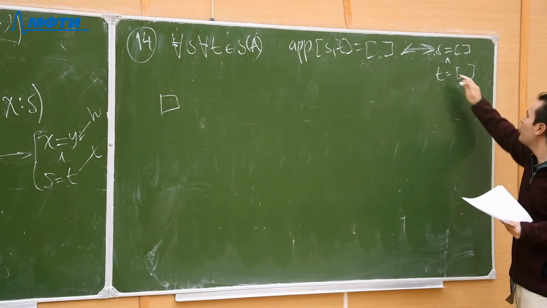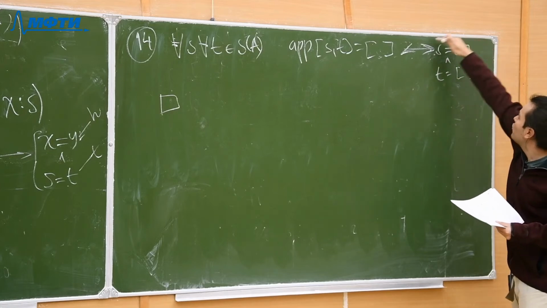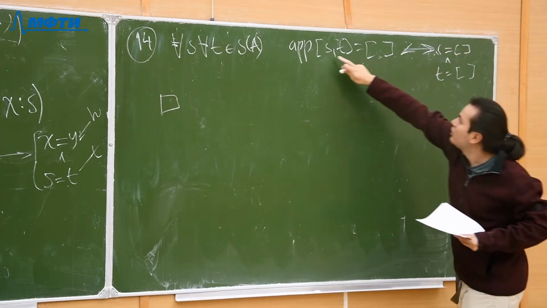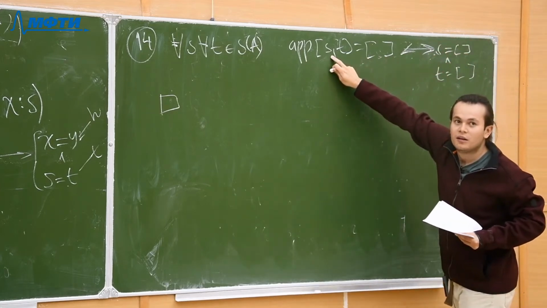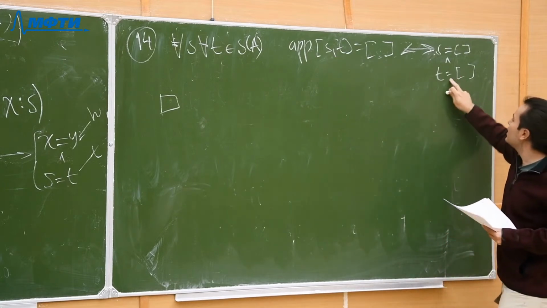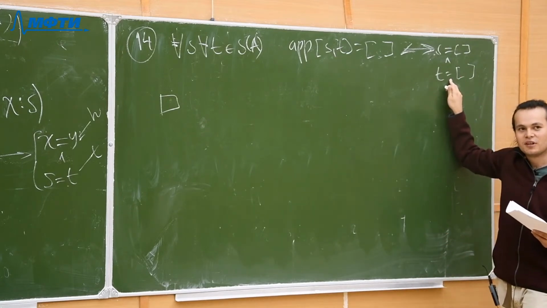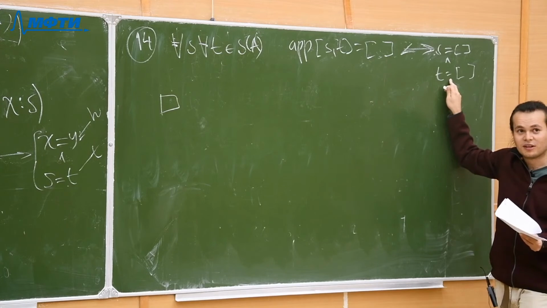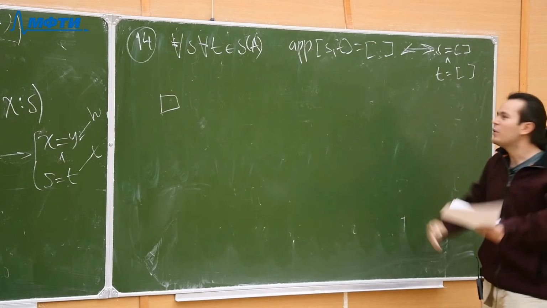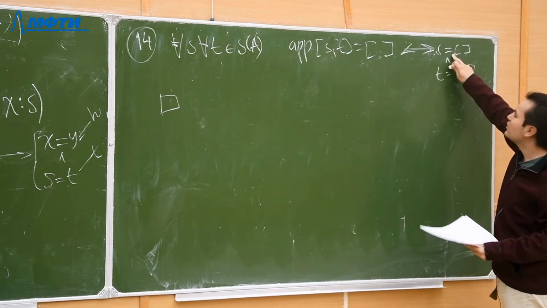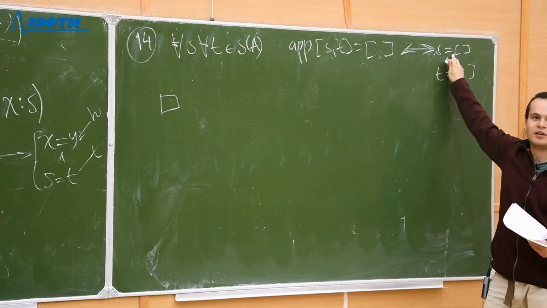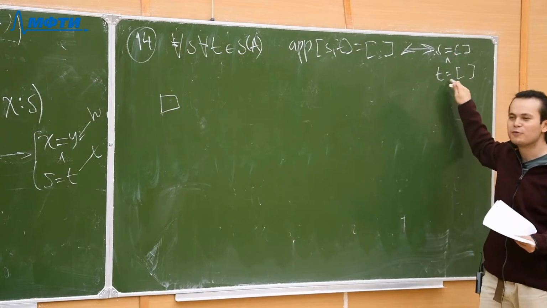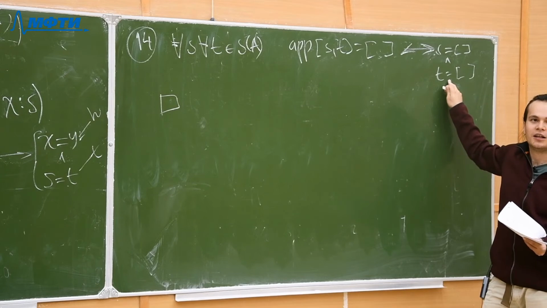If we put an empty string for S here and we obtain that T is not empty, then this is not true, right? And then what happens if S is not an empty string? What T should we obtain here?